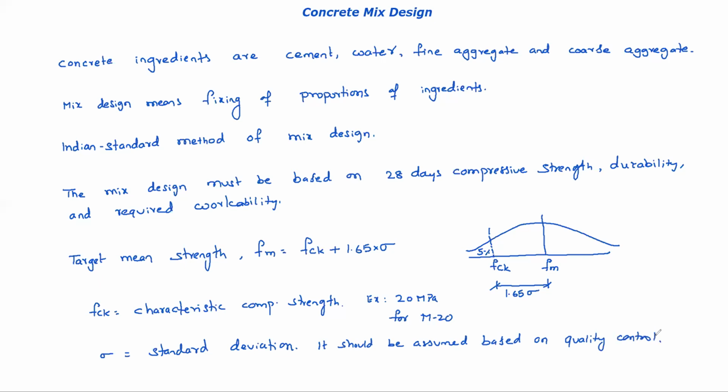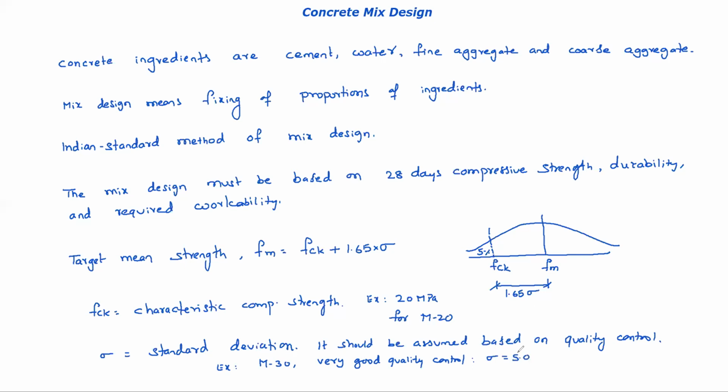So some guideline, for example: suppose for M30 concrete, very good quality control is there. If very good quality control is there, then sigma can be 5.